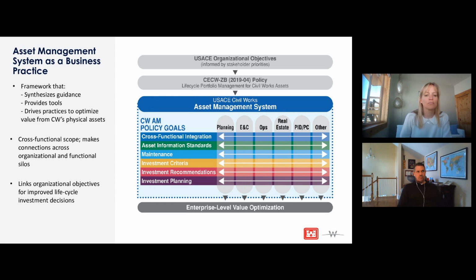So what's that mean for the AM program and for the asset management system that this strategy is animating? Well, it means that we need to do some work. We have some work to do to synthesize guidance, right? Each one of these stovepipes has their own guidance. We need to synthesize guidance. They can have their own guidance, but there has to be a touch to the guidance across the functions to make sure that the way we think about value is consistent.